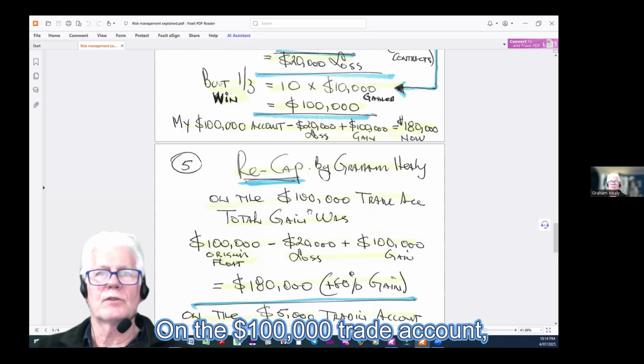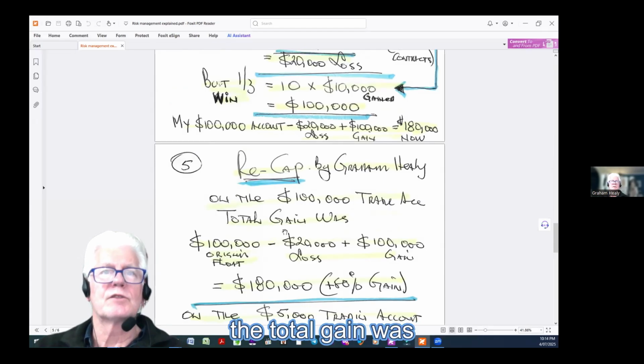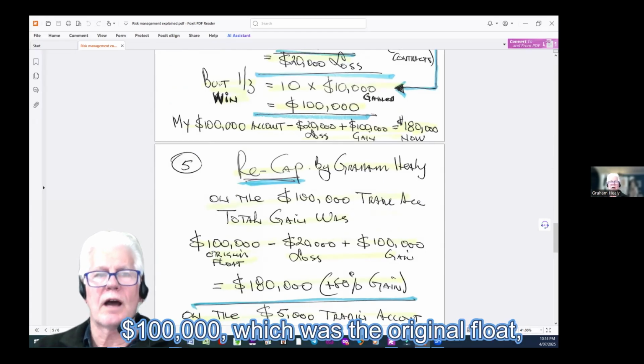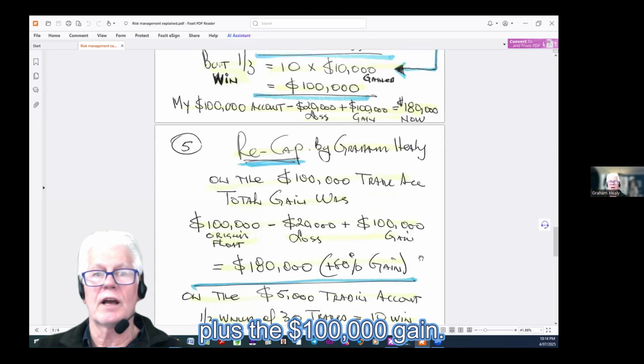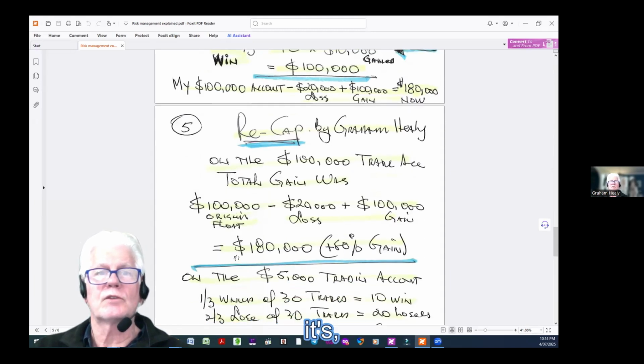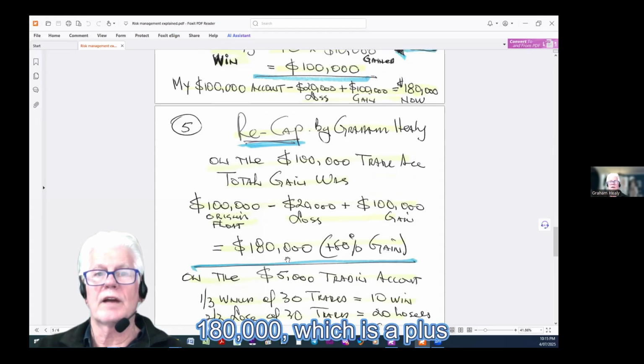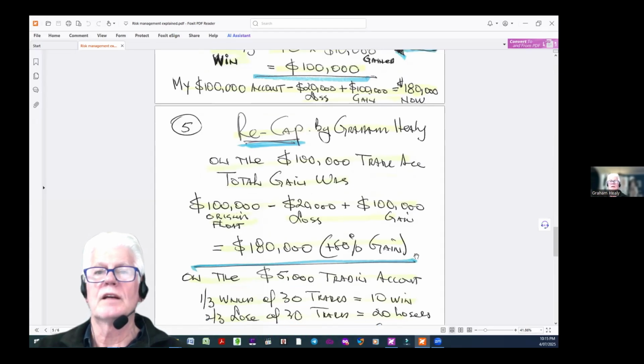So the recap is this. On the $100,000 trade account, the total is the original float of 100,000, minus 20,000, which is the loss, plus the 100,000 gain. So his account now sits at 180,000, which is a plus 80% gain, right?